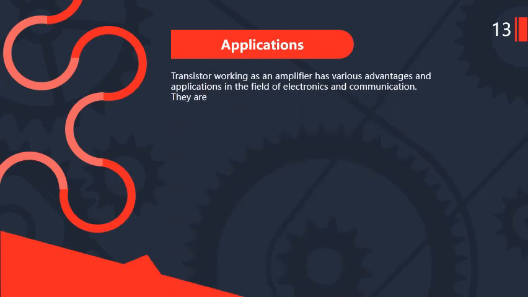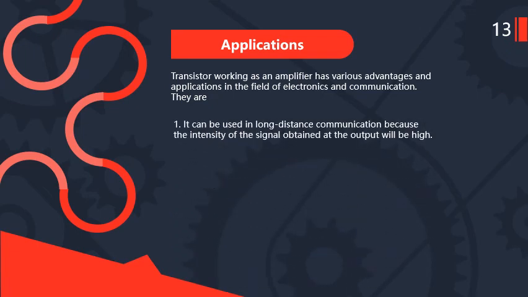A transistor working as an amplifier has various advantages and applications in the field of electronics and communication. They are: number 1, it can be used in long distance communication because the intensity of the signals obtained at the output will be high.